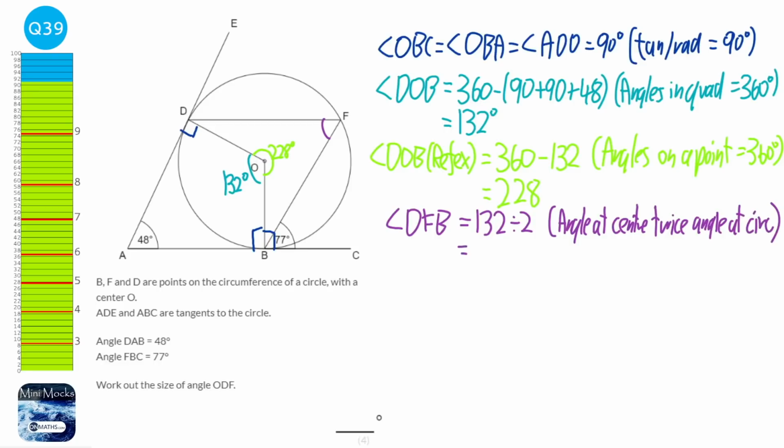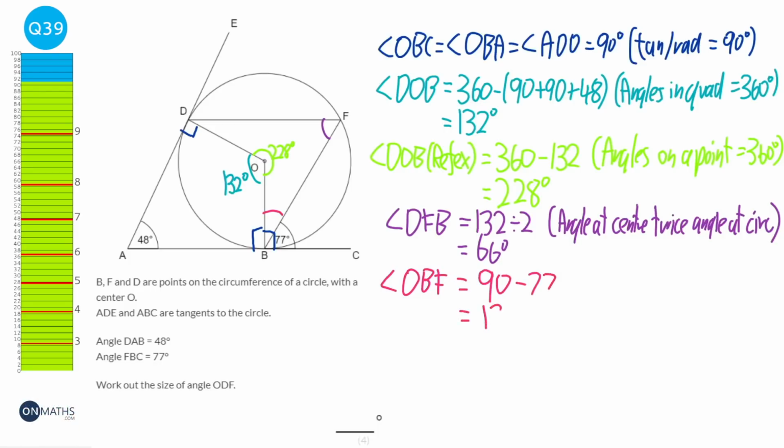Okay, so when we halve that, so 132, and we're going to halve it, so that's 66 degrees. We should really put degrees on these. Okay, the next one we're going to work out is this angle here, which is angle OBF. There's no reason for this, it's just the whole thing is 90. We're taking away the 77, so that would be 13 degrees. So that's a nice easy one. And let's just put the 66 degrees on our diagram as well.